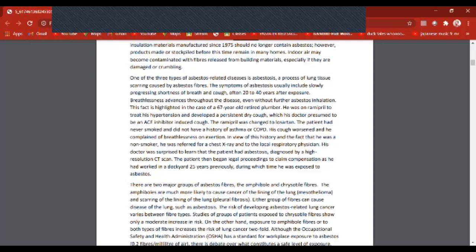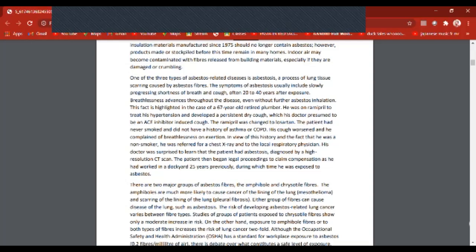This fact is highlighted in the case of a 67-year-old retired plumber. He was on Ramipril to treat his hypertension and developed a persistent dry cough, which his doctor presumed to be an ACE inhibitor induced cough. So this is the actual option about the doctor. The second point, right? A doctor should have been able to detect it earlier.